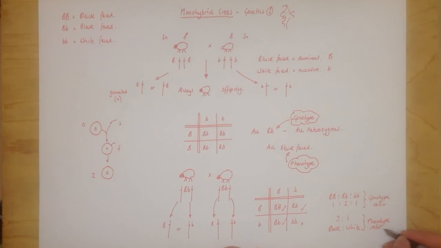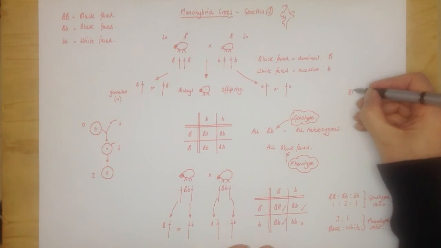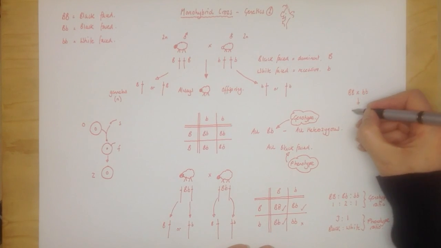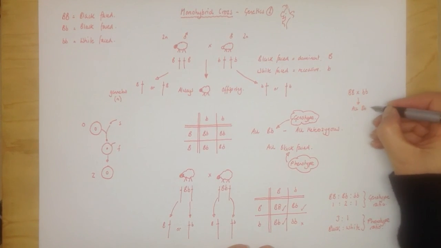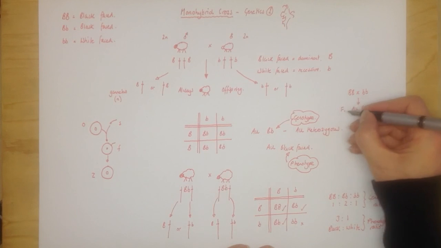And the way I remember it is phenotype sounds a bit like the physical characteristics. So that is the basic monohybrid cross you need to remember for GCSE. Very quickly. Big B crossed with little b gives you all heterozygous. That's the first generation.